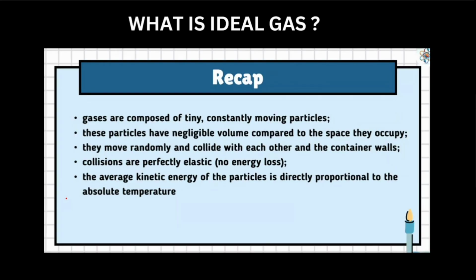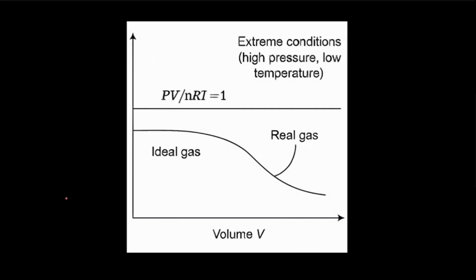So in order to understand how we actually use PV = nRT, let's look at a practical example. This law is used everywhere from designing airbags to understanding scuba diving tanks. We can also have a look at this graph. This graph suggests that ideal gas behavior and real gas behavior are slightly different from each other.